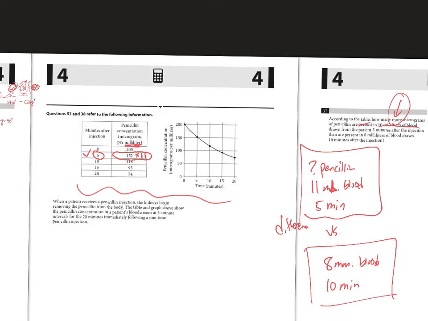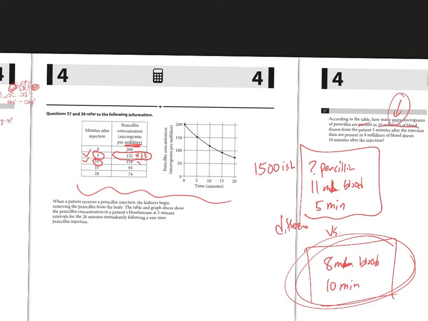152 by 11. Now, I'm going to do a quick estimate of that. It's going to be like 1500-ish. It's going to be a little bit above that, because I'm saying 150 times 10, but it's actually 152 times 11. And then we have 8 milliliters again, and it's 10 minutes. So 10 minutes is right here.